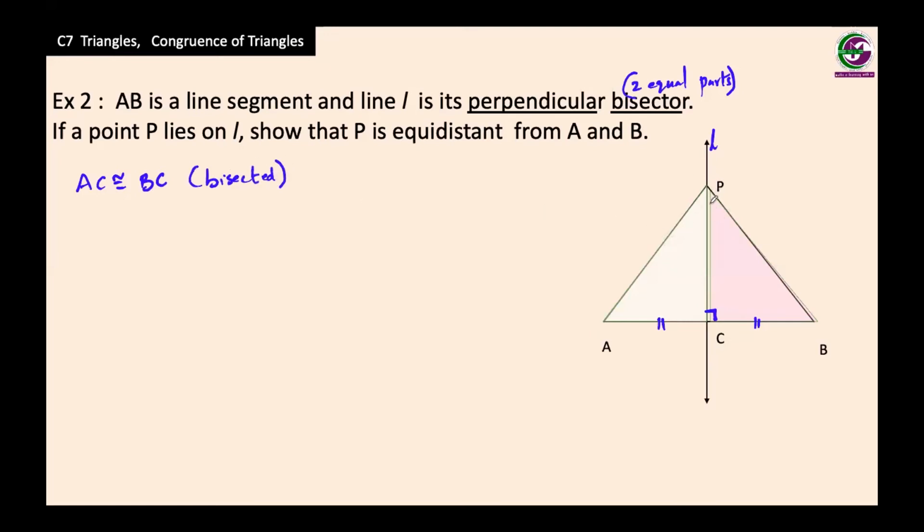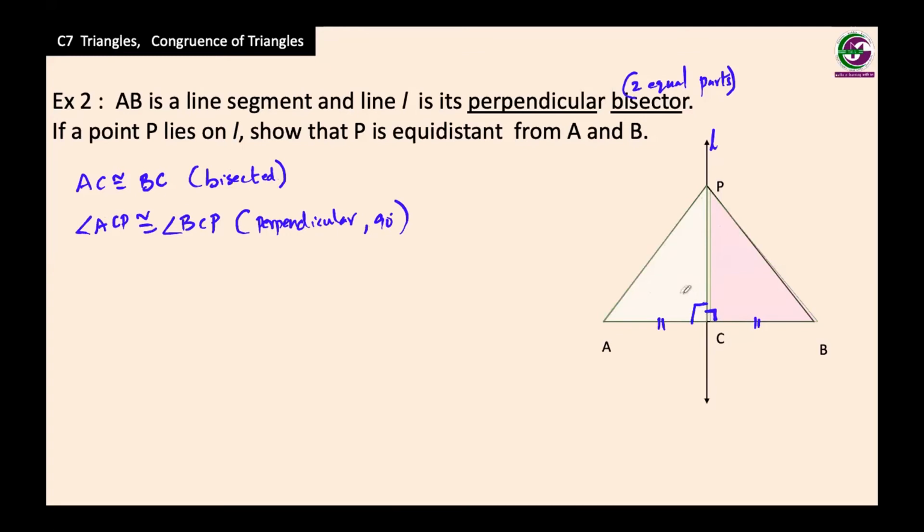Now, angle ACP is 90 degrees because it is perpendicular. So we can say angle ACP is congruent to angle BCP because both are perpendicular or 90 degrees.